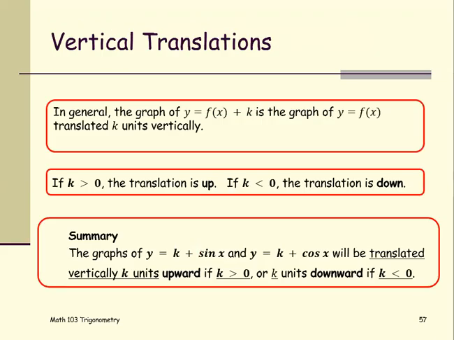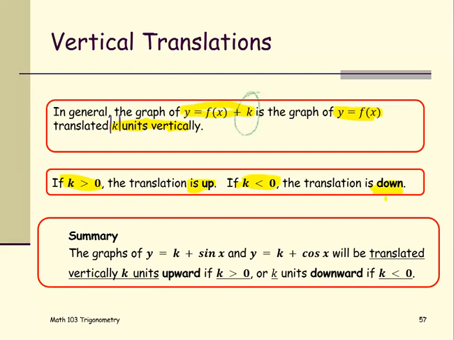In general, the graph of y equals f of x plus k is the graph of y equals f of x translated the absolute value of k units vertically. So in the case that k is positive, the graph is translated upwards. For k less than 0, the graph is translated down k units.